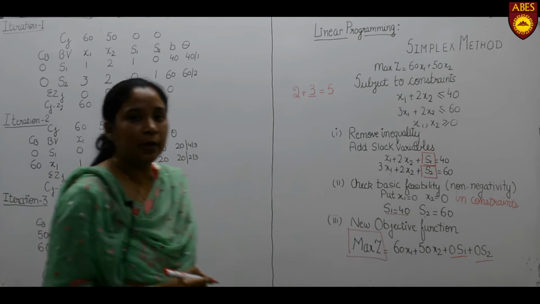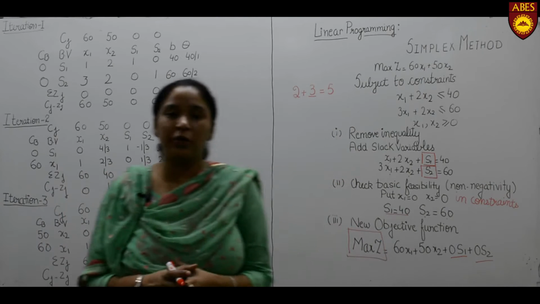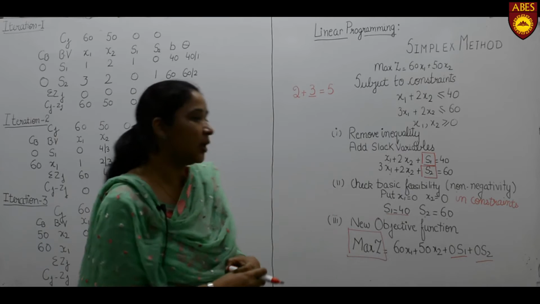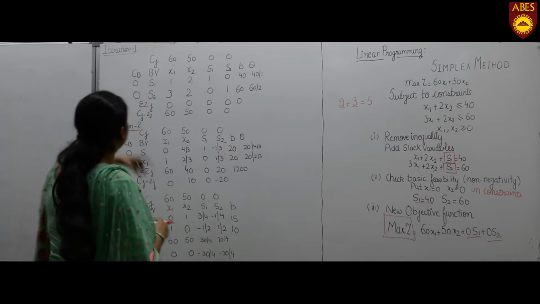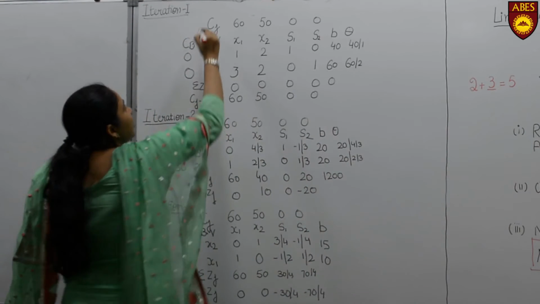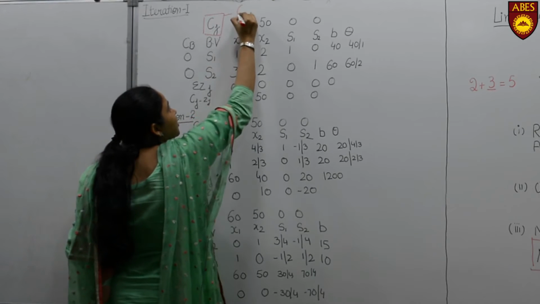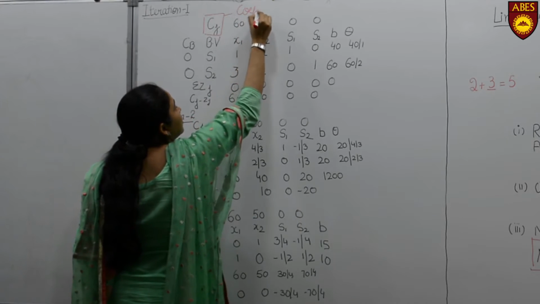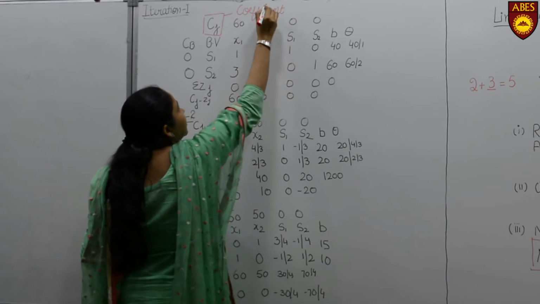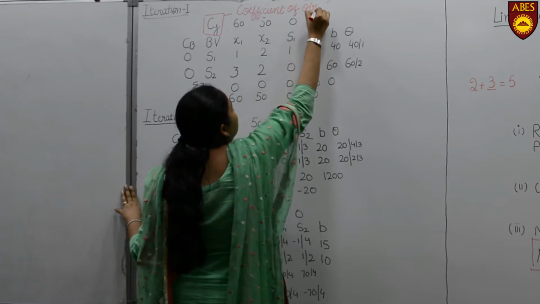Now the next step is to solve these equations. To solve these equations, we have to make an iterative table. The iterative table consists of the following variables. Cj is known as the coefficient of the objective function.